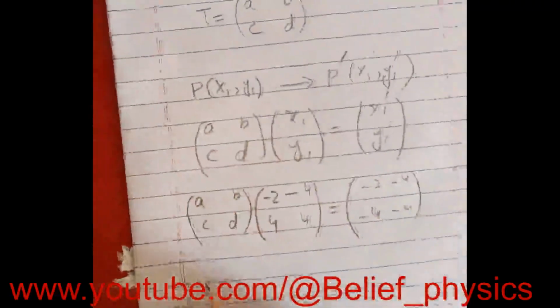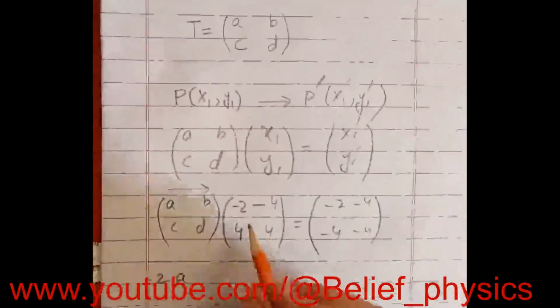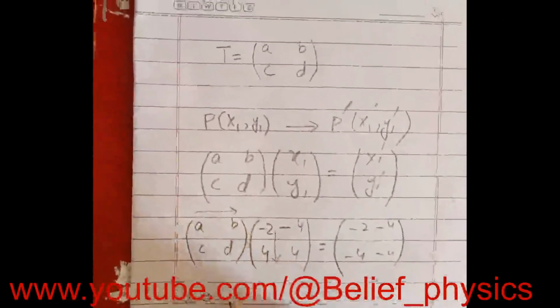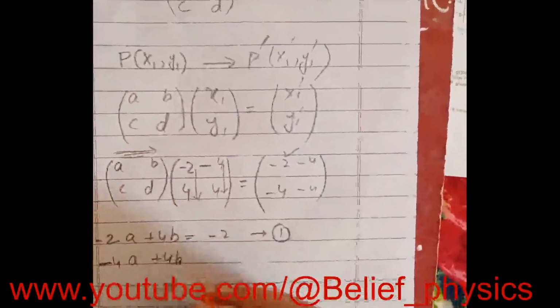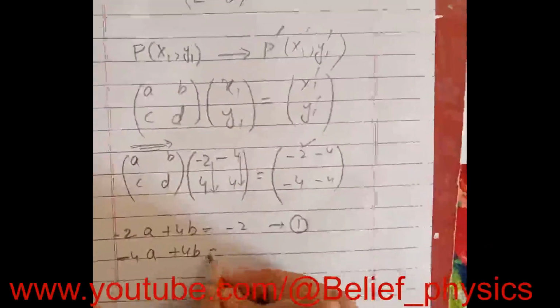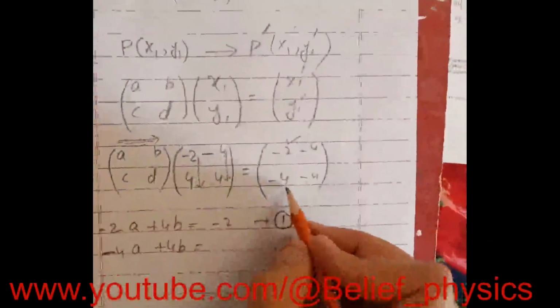Now I solve it. I multiply: -2a plus 4b should be equal to this number, -2. This is equation number 1. Next, I multiply this with this, so this will be equal to -4a plus 4b, which is equal to -4.